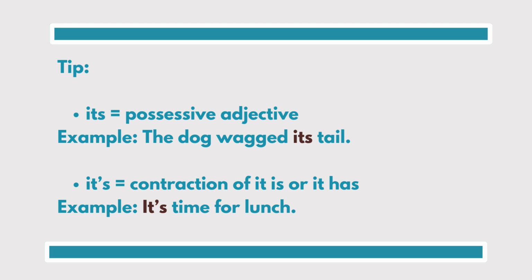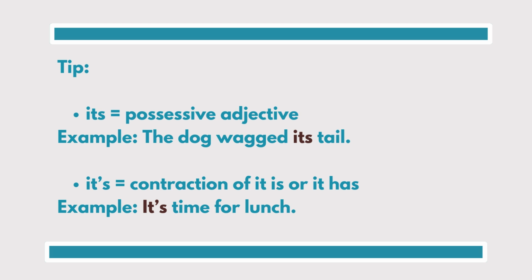And then the other one is it apostrophe s. This particular it's is a contraction of these two words, it is, and sometimes it has. So instead of saying it is or it has, we say it in a shorter form, it's. Let's look at this example where we have that word.